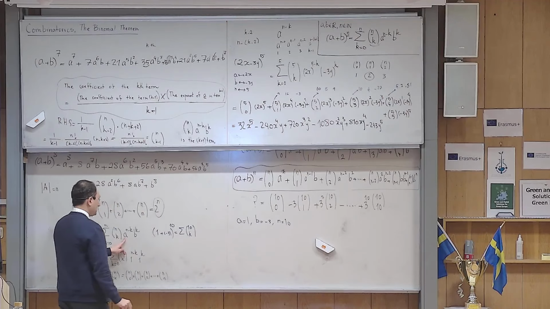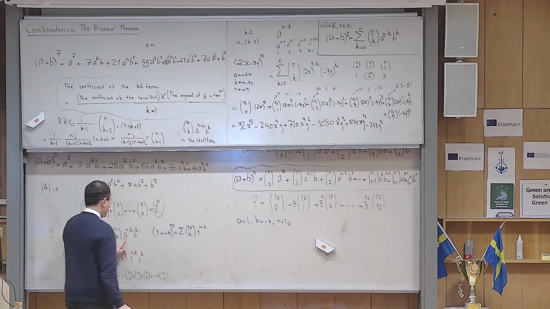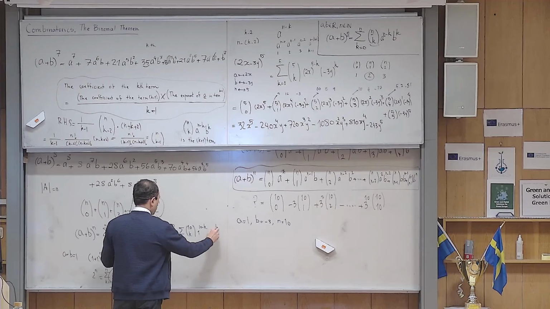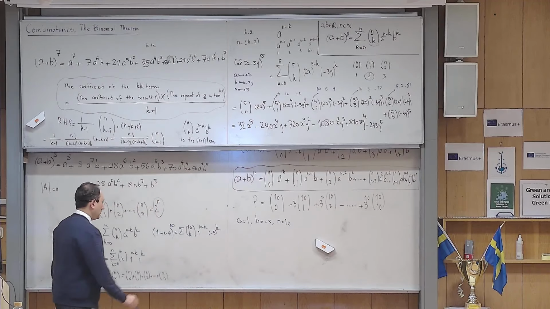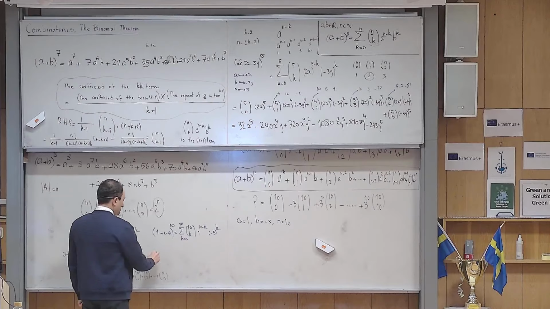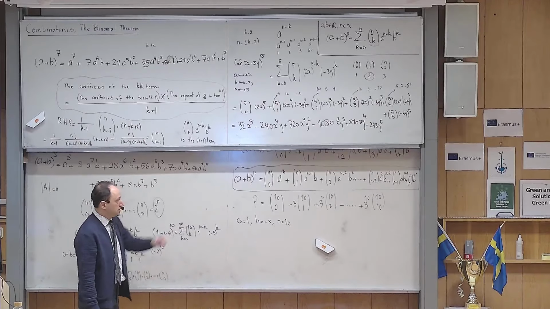A is what? 1 to the power of 10 minus K. And B, as you said, is -3 to the power of K. And K goes from 0 up to 10. So this is easy because it becomes -2 to the power of 10. But let us see if this really gives me this right-hand side.